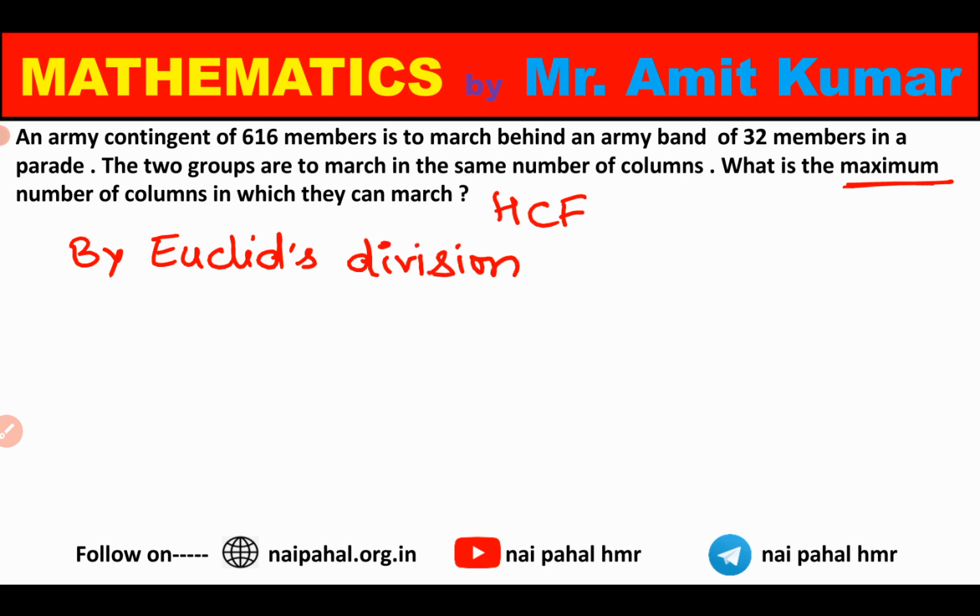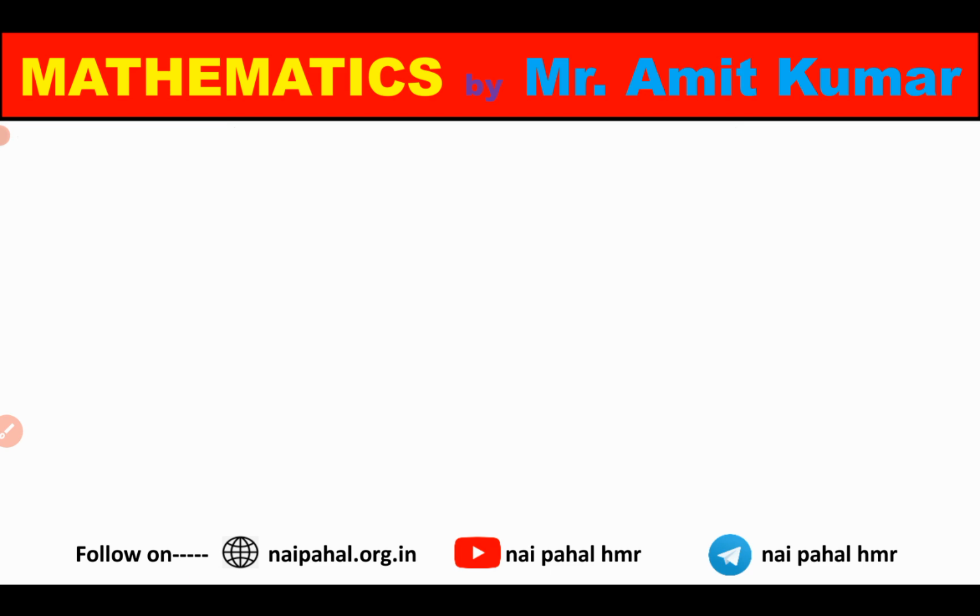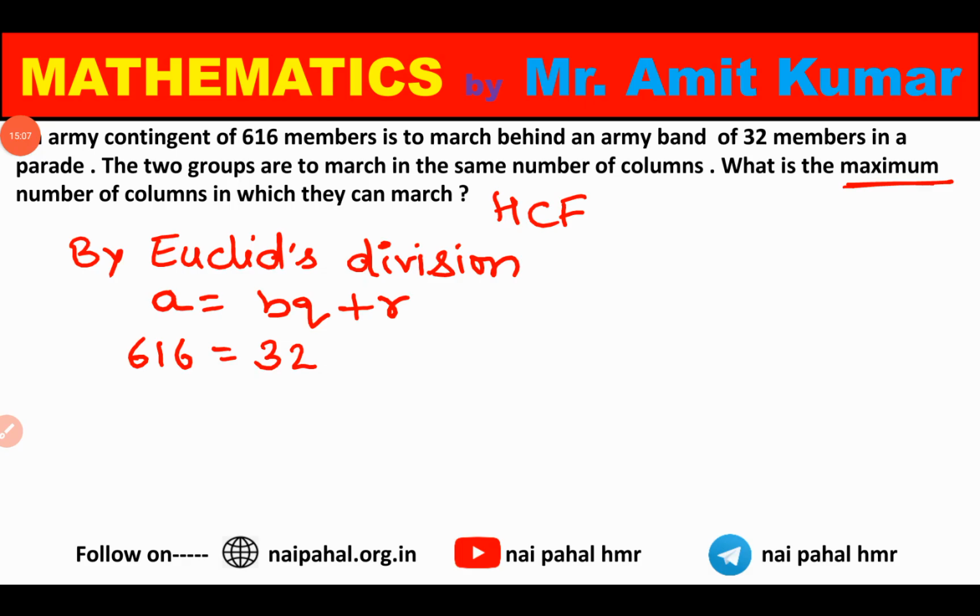What is the Euclid division algorithm? a is equal to bq plus r. What is a here? 616. What is b here? 32. As we know, how many times do we multiply it? We multiply it 19 times and we get remainder 8.